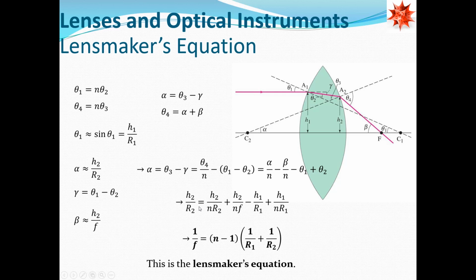For example, the reason why you might use this is depending on a person's eyesight or need for clarity, they might need different focal lengths for their eyes. So you can play around with the type of material to get the focal length right, or you can even mess around with one of the radii of curvature. So this is an equation that you could use to make custom lenses to fit the focal length you need.